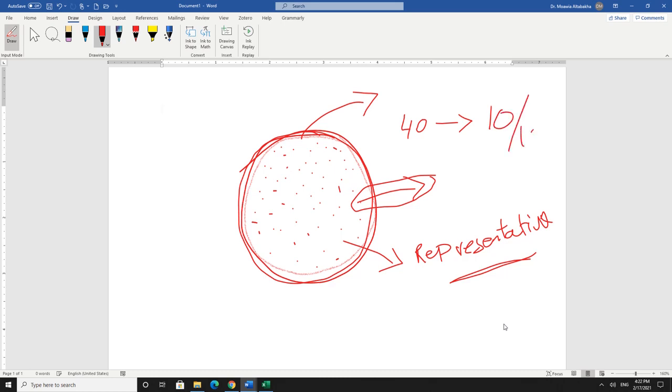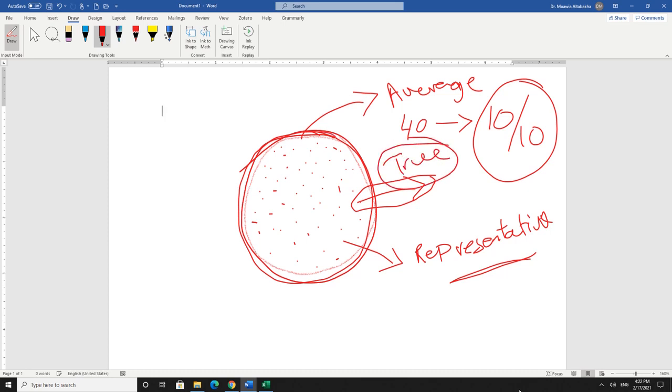Out of 10, what is the average? I want the average score. Is that clear? There are 40 students here. In order to get the true average, what do I need to do? I need to take the whole class.